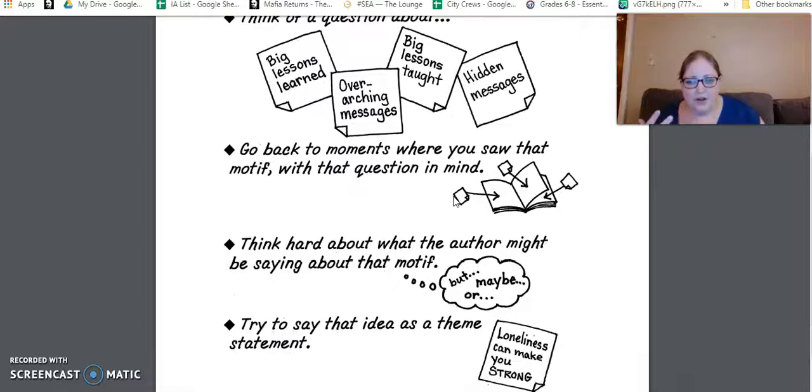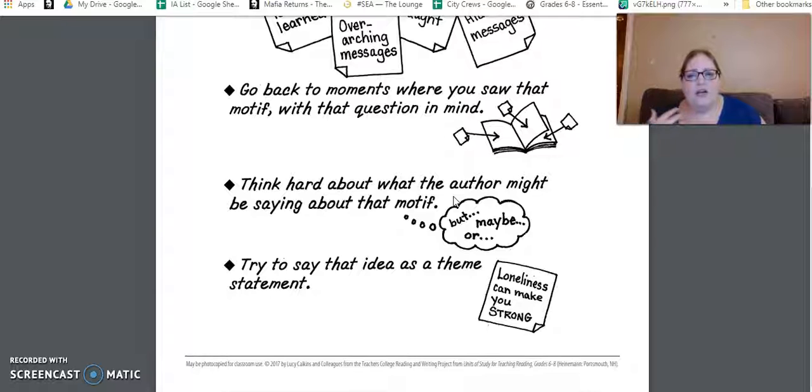What am I supposed to learn? What is the author trying to say about life? You want to think hard about what the author has to say about this motif, about this again and again. How is it important? And then try to say that in a theme statement.